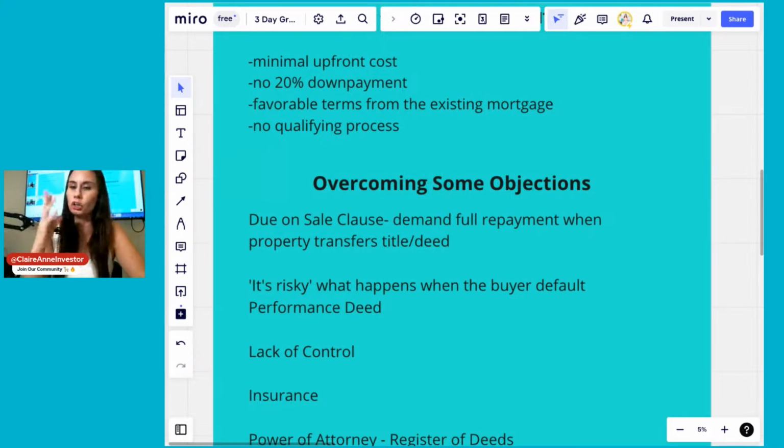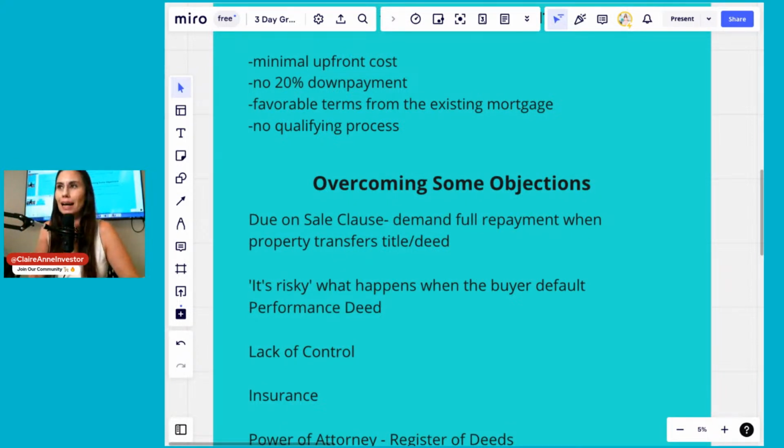I've never even had a notification go out, to be honest. And if it did, I didn't see it. A lot of the time it's just bank policy that they have to send out some type of notice when they know the title changed.